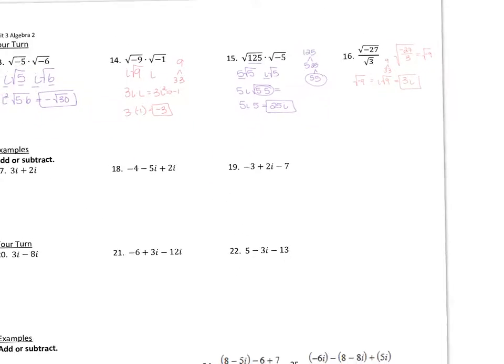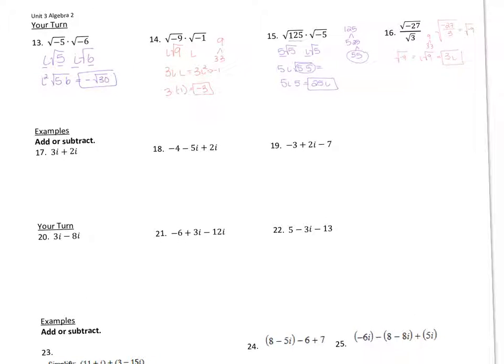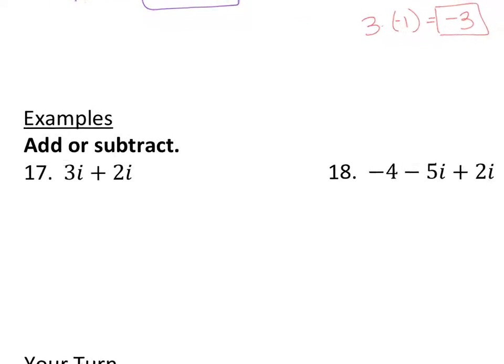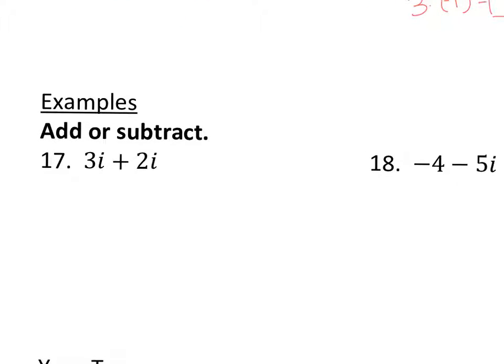Well, now that we can simplify complex numbers, let's just add and subtract them. They're no different. i's are like terms, right? So you're just combining like terms.